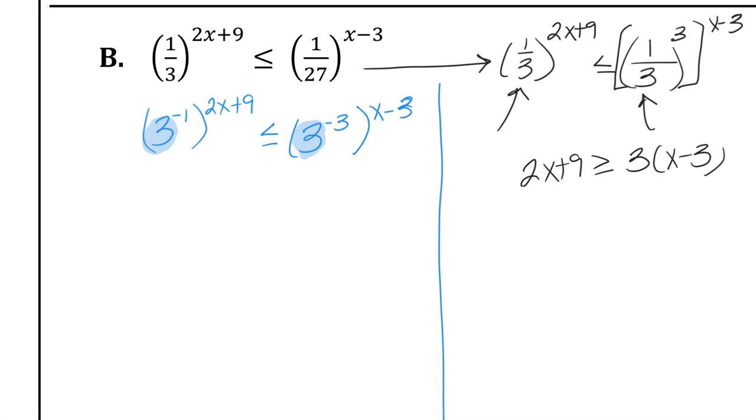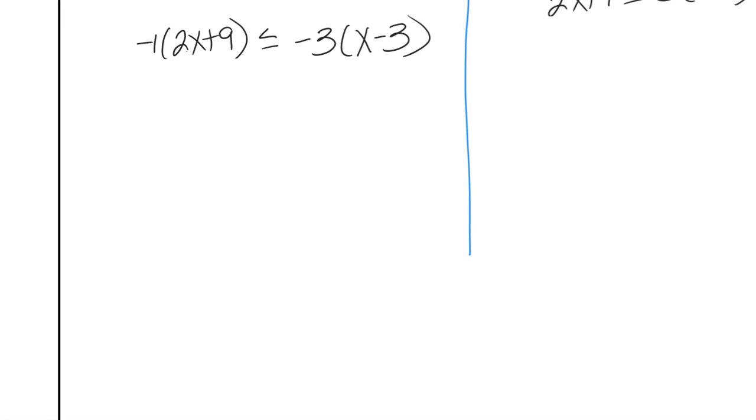I have the following statement. -1 times 2x plus 9 must be less than or equal to -3 times x minus 3. From here, I can distribute and then solve. So if I distribute the -1, I get -2x minus 9 is less than or equal to -3x plus 9.